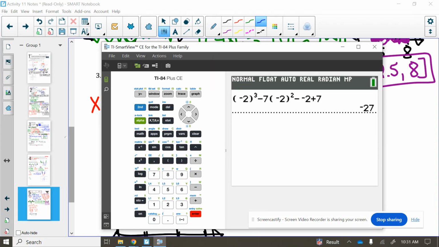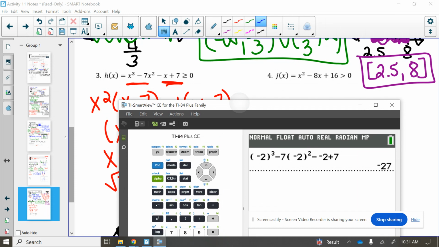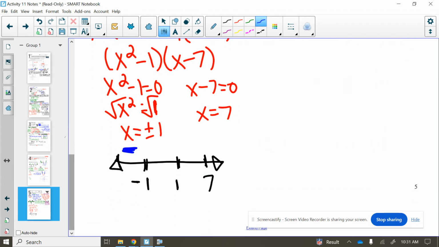And we find out that we have a negative answer here. So we end up with this region being negative.